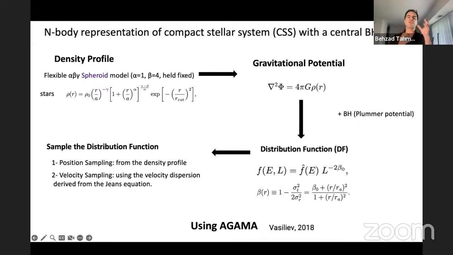For the n-body realization, we need to make an n-body model for the compact elliptical system and UCDs. The way we do it is we use the Agama package, which is a toolbox, and you can do lots of cool stuff with it for galactic dynamics.